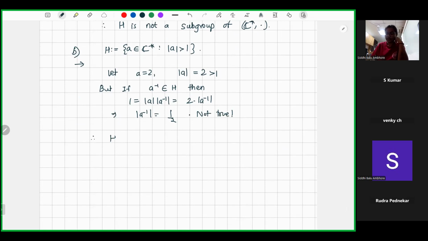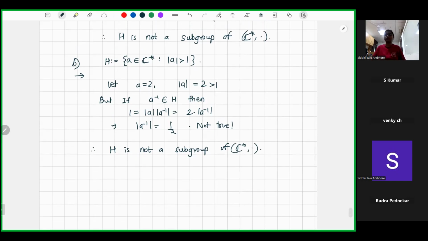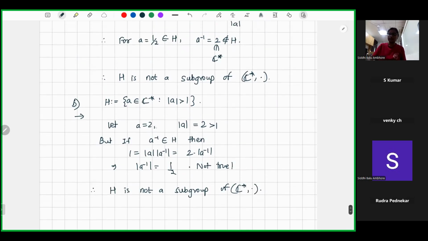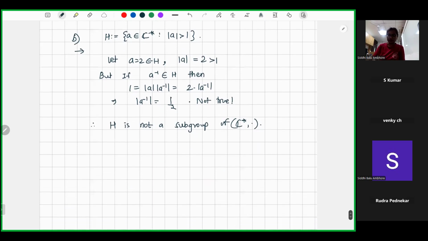So therefore again this H is not a subgroup of C star under multiplication. I hope this one is clear. It was a similar argument. I just chose A in H, which satisfies the property, and showed that its inverse again does not belong to the set H itself.